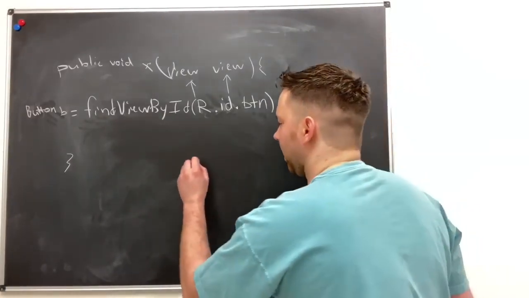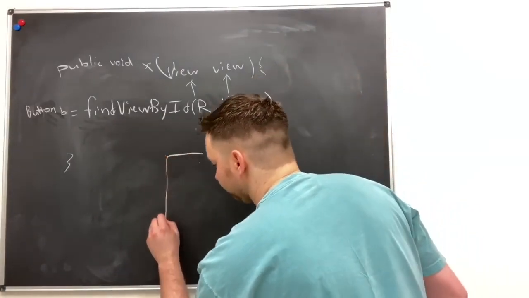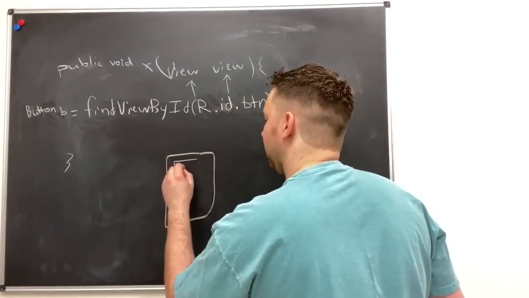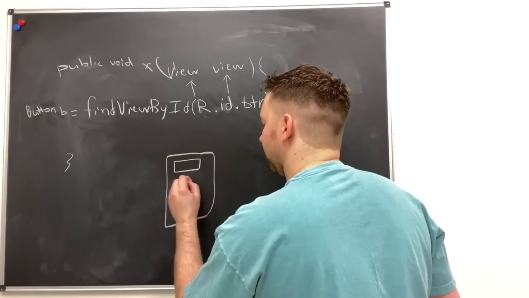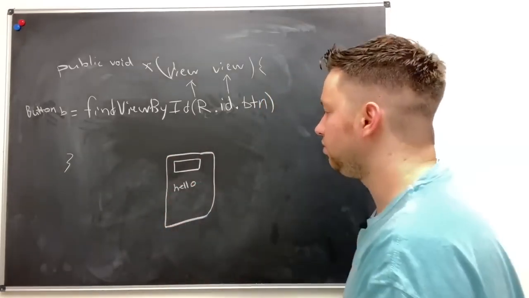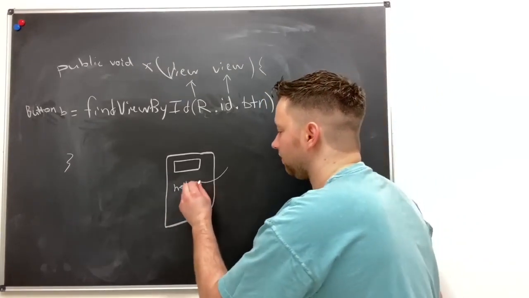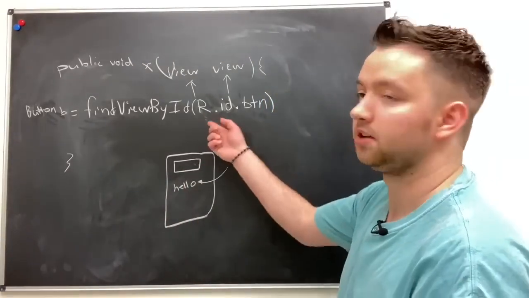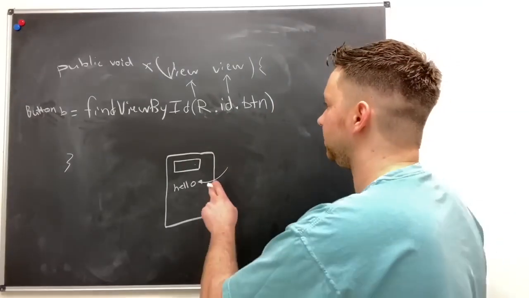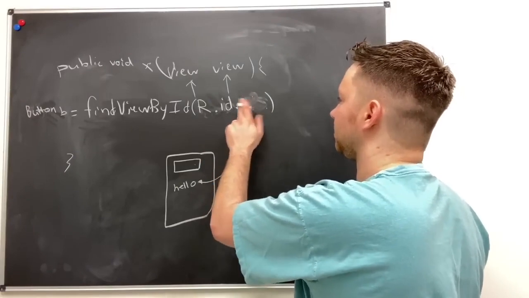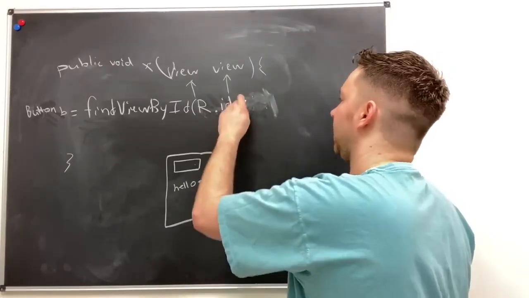So let's go over another example of how this could be useful. Let's say we have our activity, and on here we have a button and we have some text. What we can do is change the value of this text when we click this button using this R class. So instead of getting a reference to this button here, we could get a reference to this text by whatever ID we had assigned.